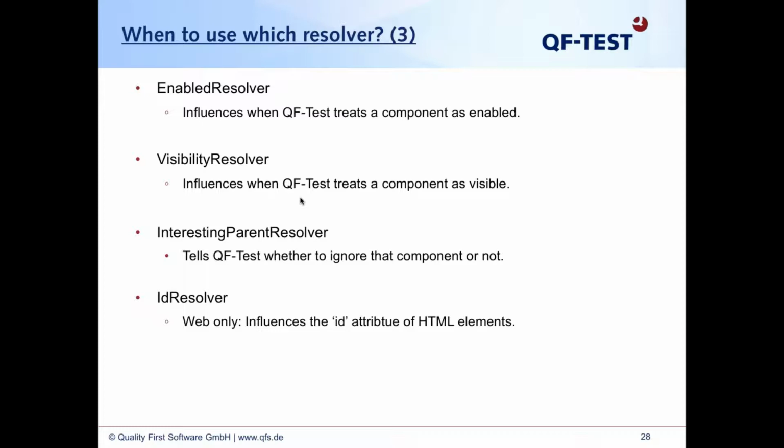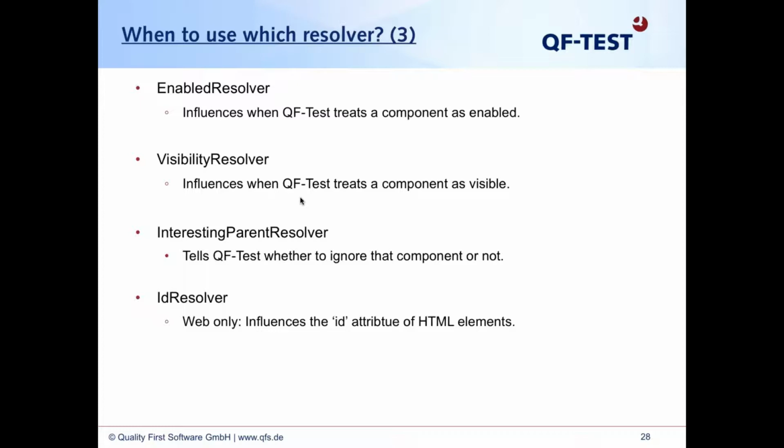But maybe your application uses some invisible overlay and then makes the color of the element gray, and QFTest doesn't know about this because it's just in your application like this. But you can teach it with an enabled resolver that in such a situation, the component should not be clickable anymore. And the same with the visibility resolver. Maybe you placed some things about it and QFTest didn't check it correctly because of special CSS attributes.